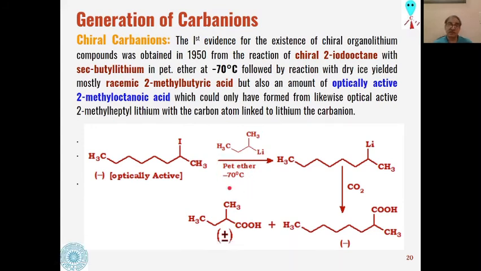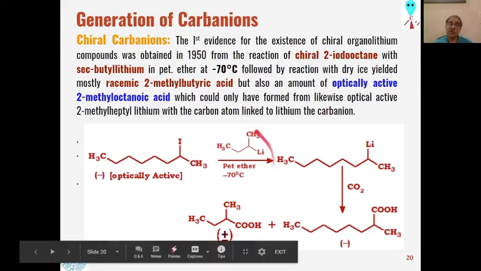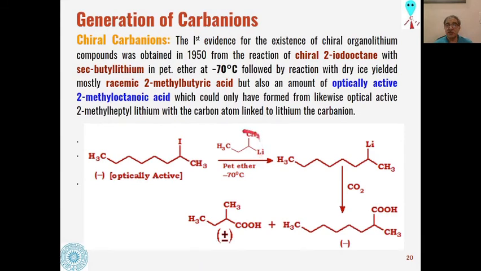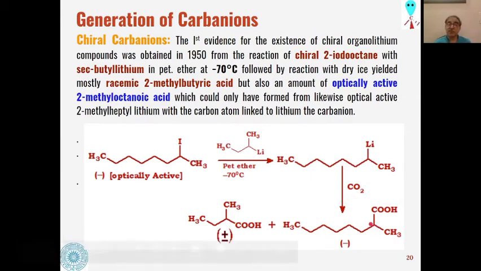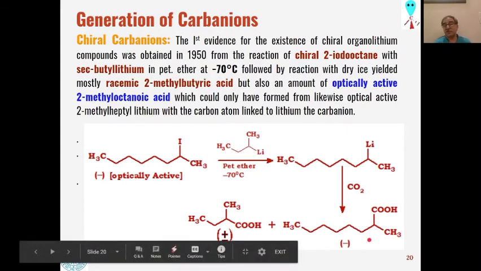When this reaction was done, one product was racemic 2-methyl butyric acid, and from this reagent, after carboxylation, we got this optically active compound, formed from an optically active carbanion.